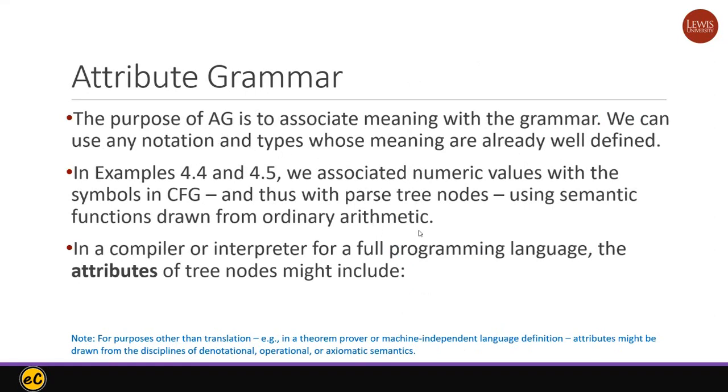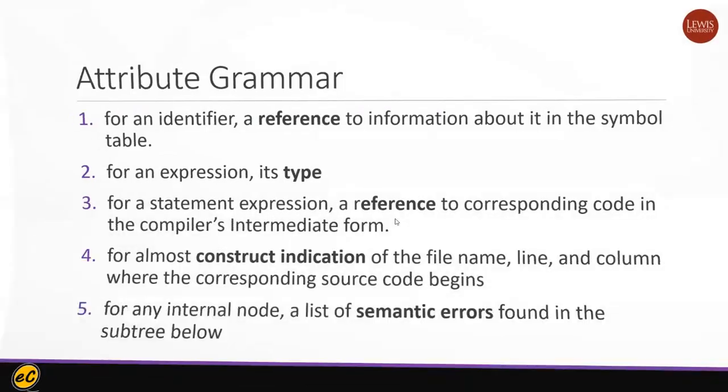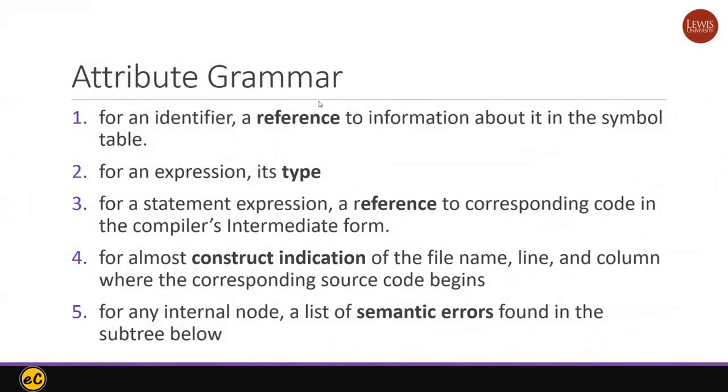Here is a lot of detail you can read. So, attribute grammar for an ID: a reference to information about it in the symbol table.